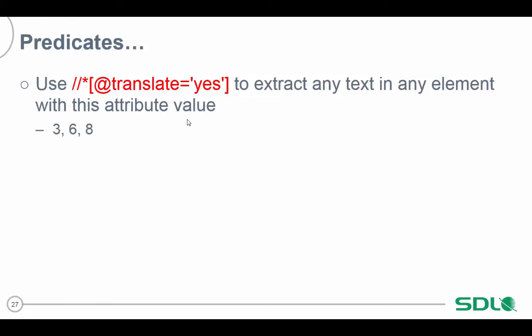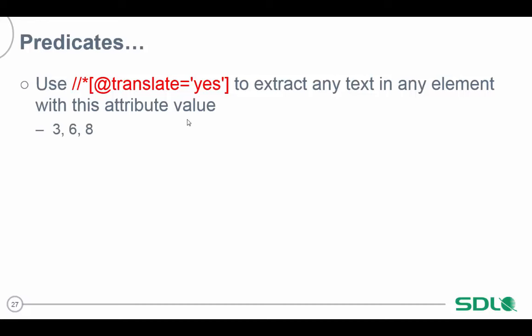So look in all the elements in the file for the ones which have an @translate attribute value of yes. And if you find those, extract them for translation.